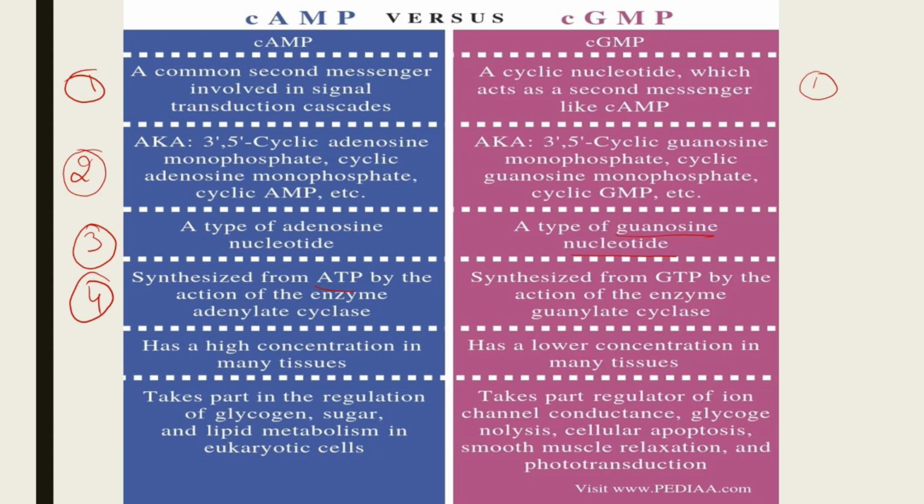It is synthesized from ATP by the action of adenylate cyclase, whereas cGMP is synthesized from GTP by the action of guanylate cyclase. Fifth, cAMP has a high concentration in many tissues, whereas cyclic GMP has a lower concentration in many tissues. Sixth, cAMP takes part in the regulation of glucagon, sugar and lipid metabolism in eukaryotes, whereas cGMP takes part in regulating ion channel conductance, glycogenolysis, cellular apoptosis, smooth muscle cell relaxation and phototransduction.